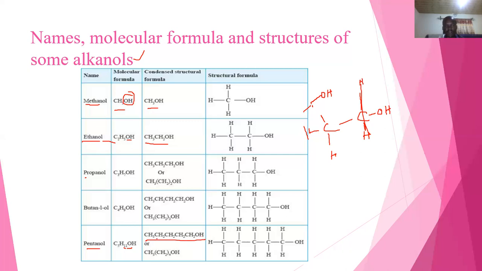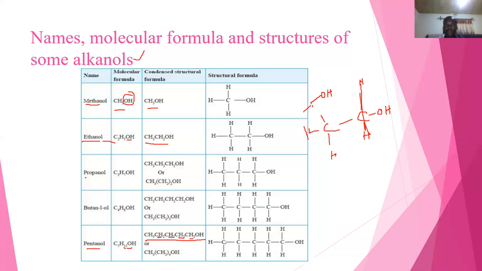You can count how many CH2 we have: 1, 2, 3, 4. So we can write CH3 into CH2 into 4, because there are 4 CH2s. And you can now draw the structural formula.